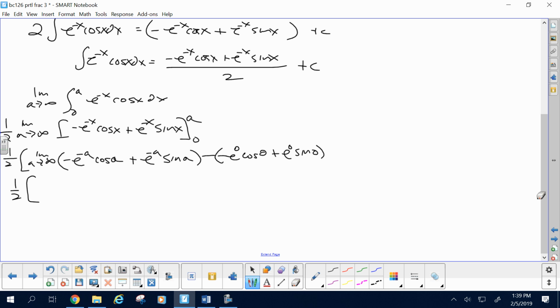That's definitely going to 0. Same with this. This is e to the negative infinity. And yeah, sine of a oscillates, but e to the negative infinity dominates. That's 0. Minus negative e to the negative 0 is negative 1 times cosine of 0 is 1. So all said, this is 1/2.